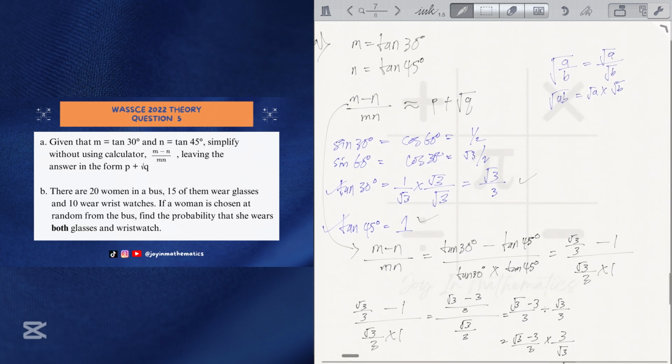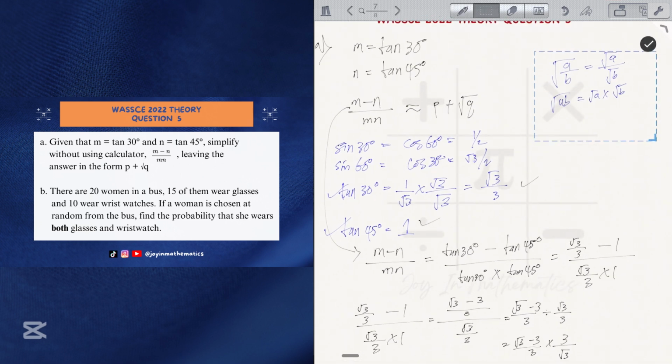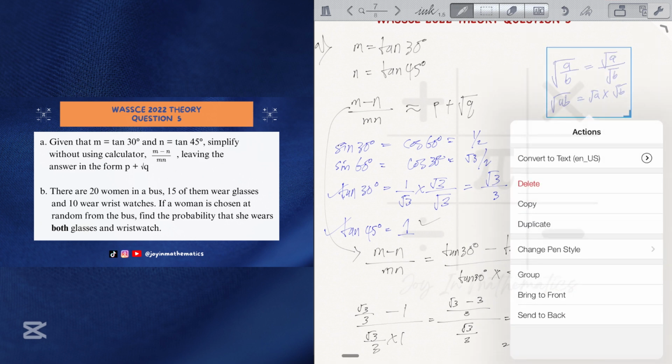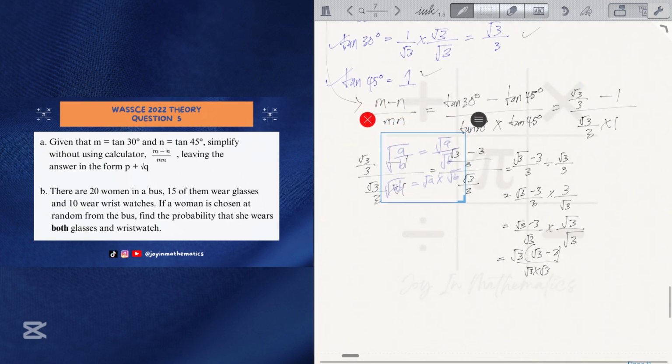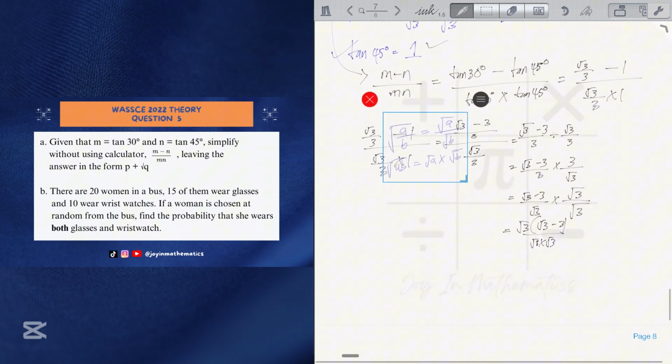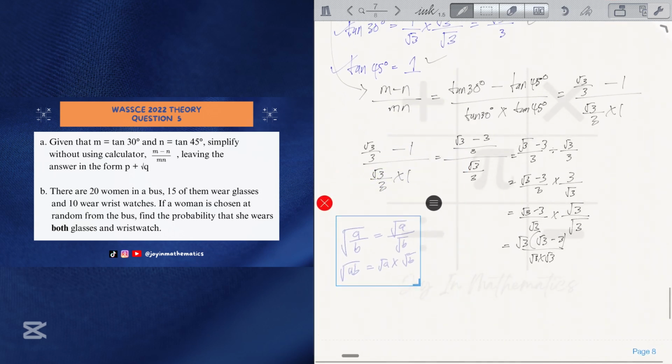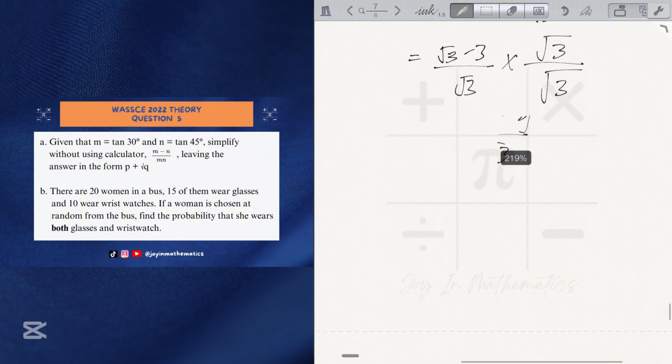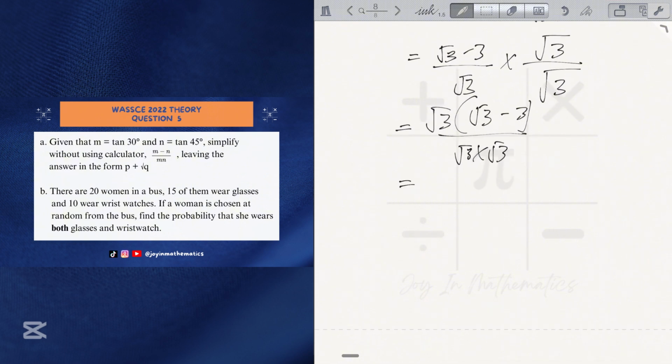So the rule of surds, just as we have here, states that root a divided by root b is equals to root a over root b, and root ab is equals to root a multiplied by root b. So applying that now, this will result into, let's open the brackets, root 3 multiplied by root 3 minus 3 root 3, divided by root 3 multiplied by root 3.